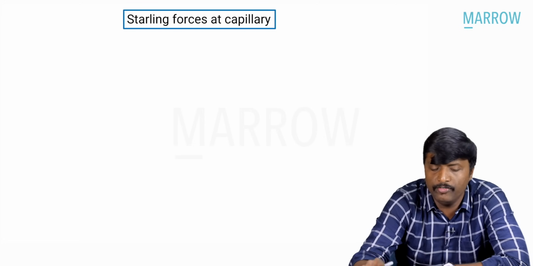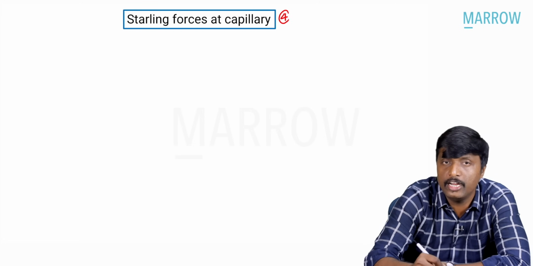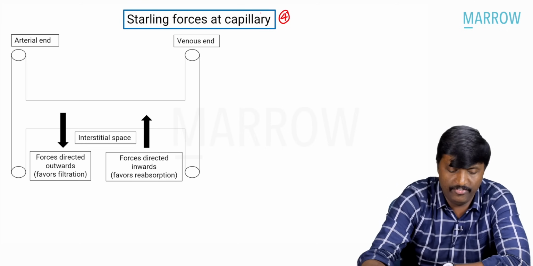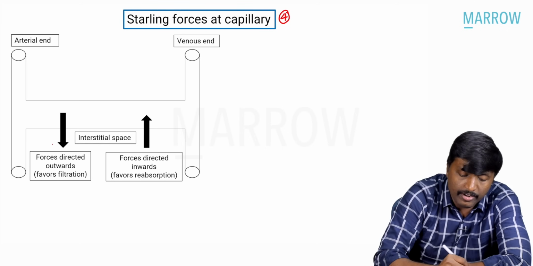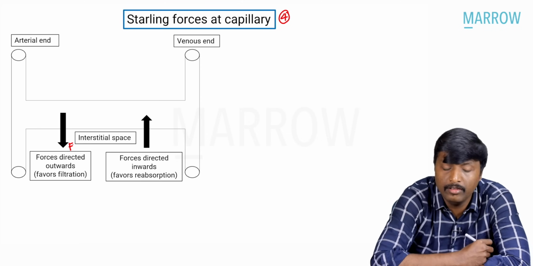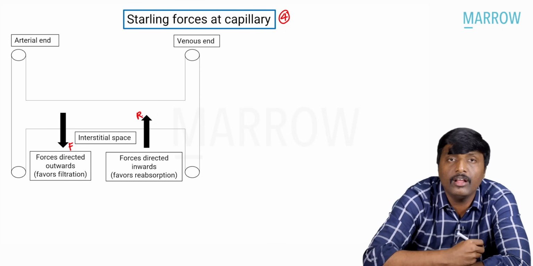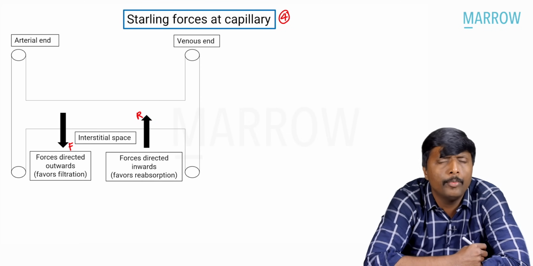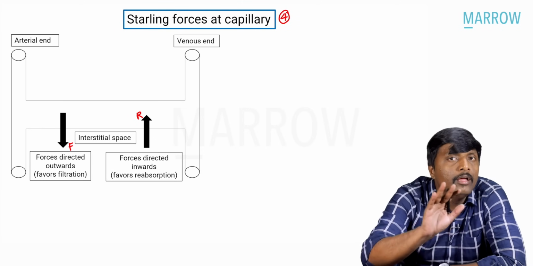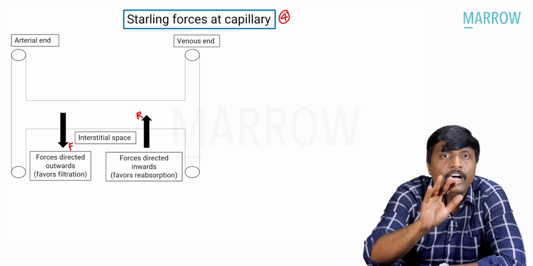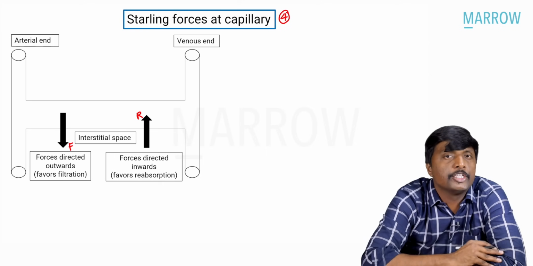What are all these Starling forces, sir? They are usually 4 in number. Look very carefully. There are certain forces that favor filtration and certain forces that favor reabsorption. Both are in opposite directions. The major Starling forces are hydrostatic pressure and oncotic pressure.